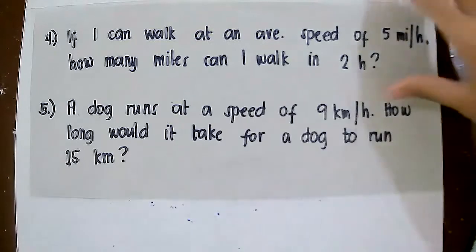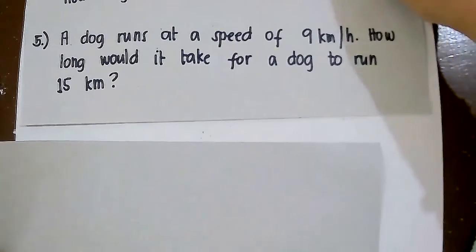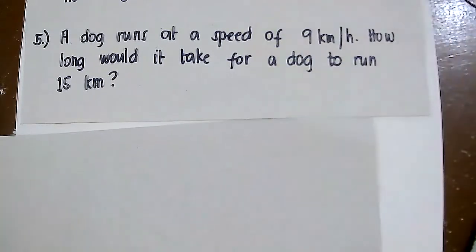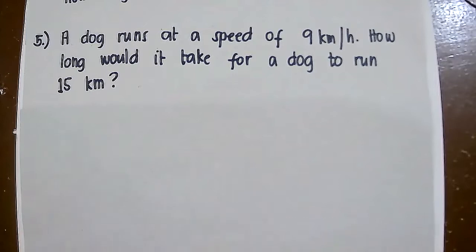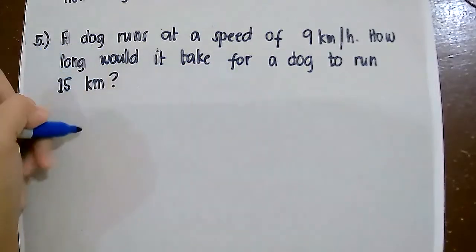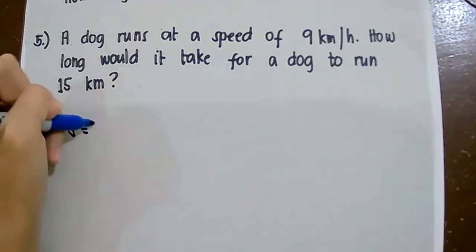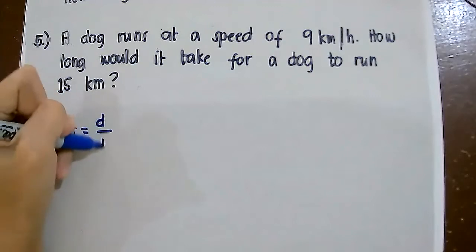Okay. Now what about for number 5? A dog runs at a speed of 9 kilometers per hour. How long would it take for a dog to run 15 kilometers? So in this case naman, yung hahanapin natin is si time. Okay? Your speed is equivalent to distance over time.